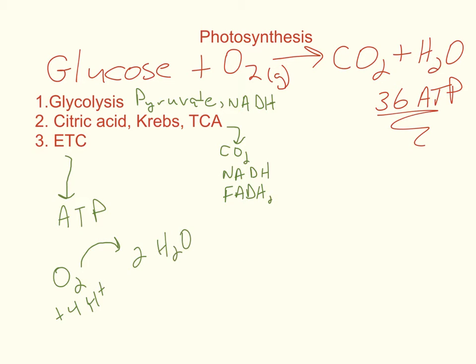You have all kinds of animations and videos that showed you all this, and you did some practice questions, and we went through it like 4 times, and I sent you videos on it, so you should have that pretty much summarized in your head. There are all kinds of steps, and all kinds of enzymes, and all the enzymes have control points, and we're all good with that.